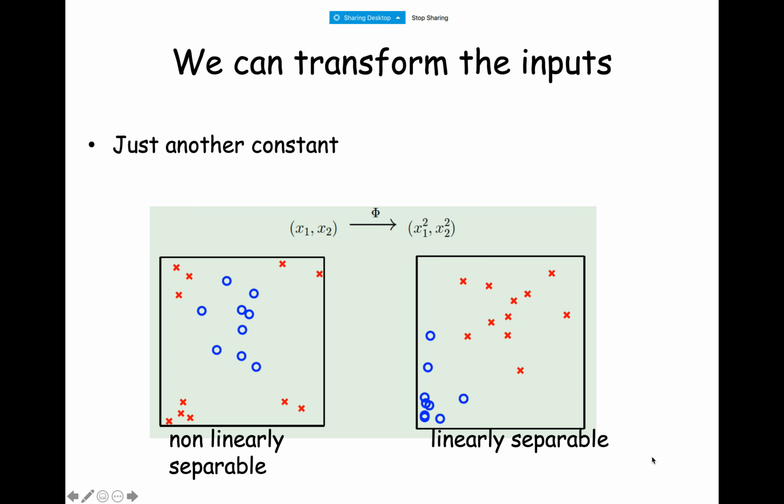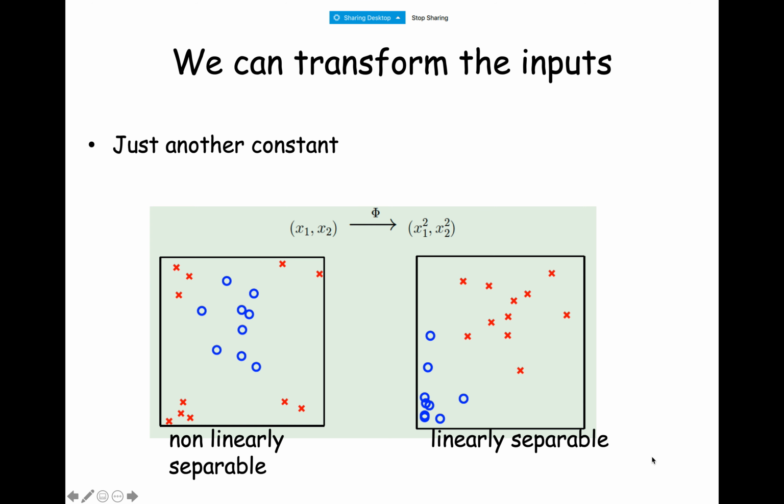So for every single point x1, x2, we have a corresponding x1 squared, x2 squared. Does that make sense? And so what happens here? Given the value of x1 and x2, if x1 gets bigger, you go from blue to red. If x2 gets bigger, you go from blue to red, right?